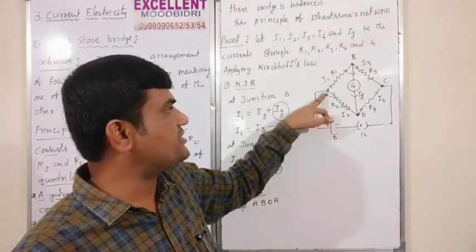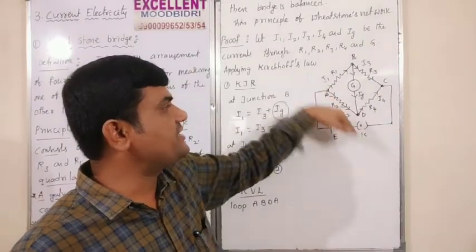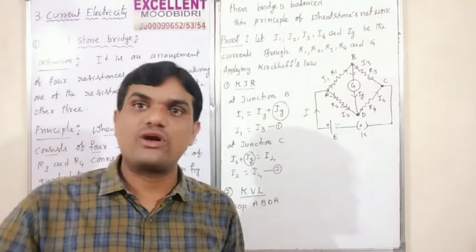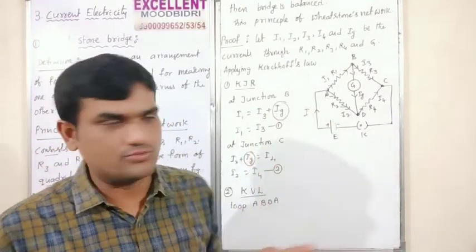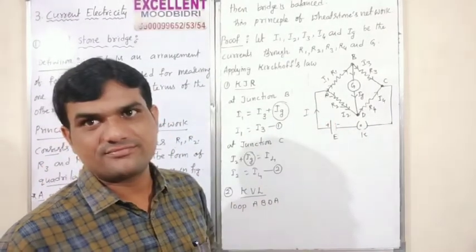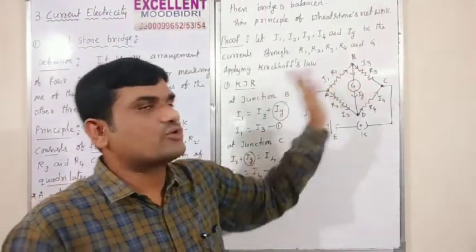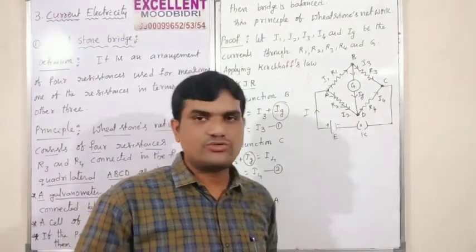But at this point I is divided into two parts, meaning I is equal to I1 plus I2. With the help of this, we will say I1 is equal to I3 and I2 is equal to I4.